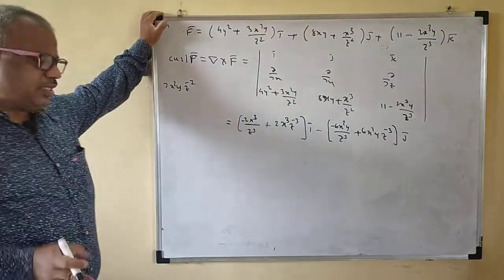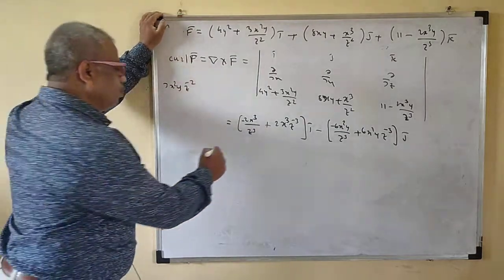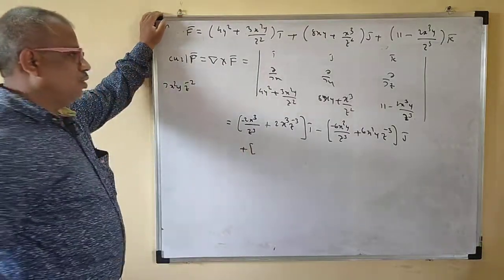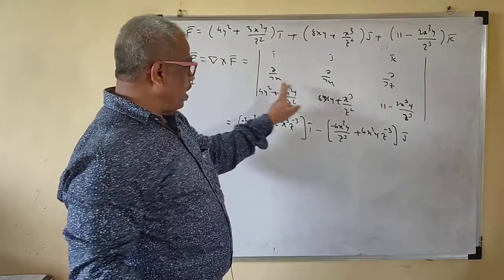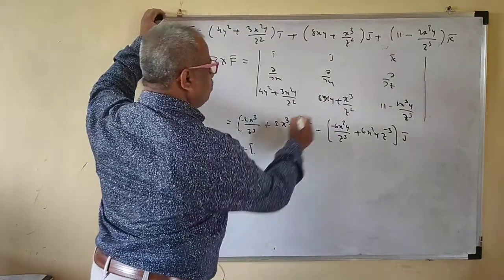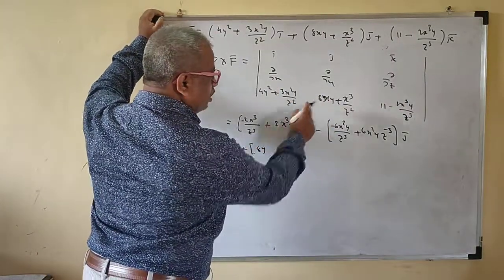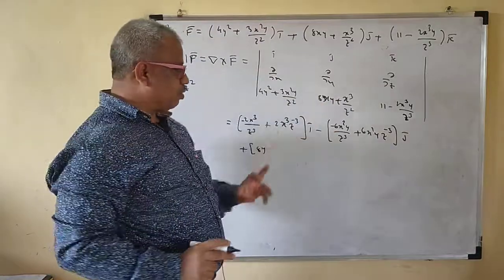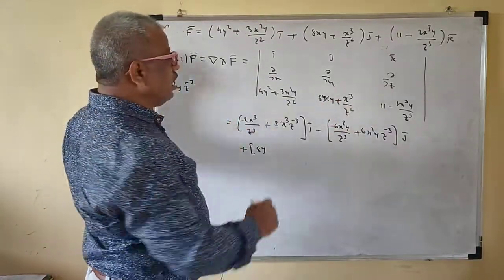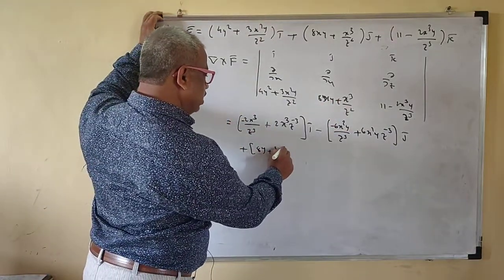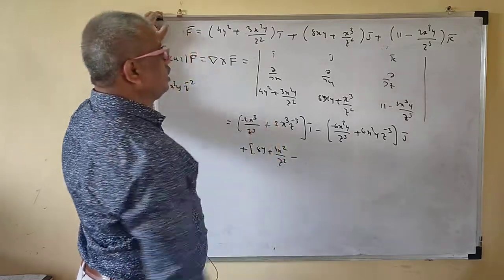Plus, you have to drop this one: ∂/∂x of this one is 8y, because the derivative of x is 1, and x³ gives 3x², so 3x² upon z².